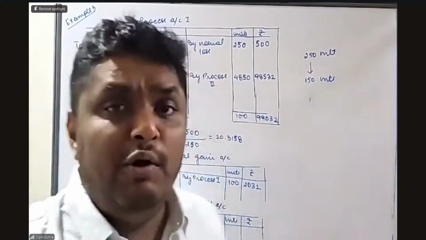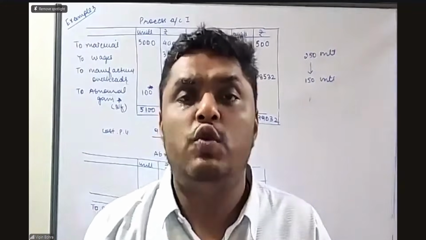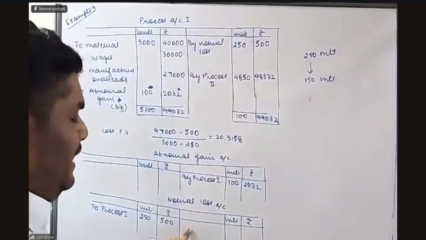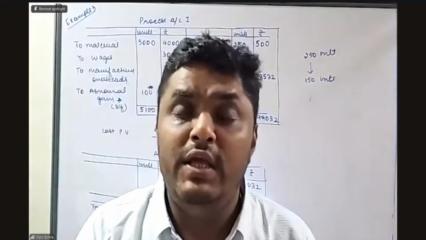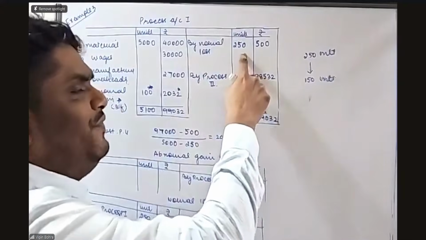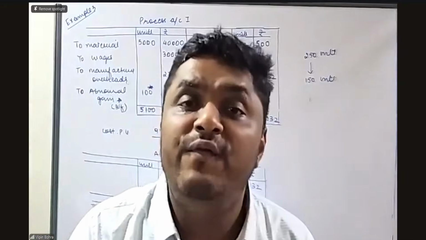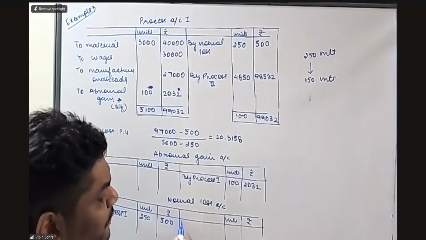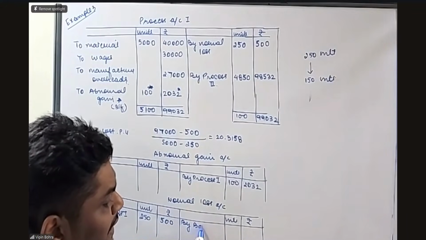So when talking about the units that are actually sold in the market, it is only 150 units of normal loss. I repeat again, the units that are actually sold in the market were not 250 units. It were only 150 units. So of these 250 units, only 150 units were sold in the market.